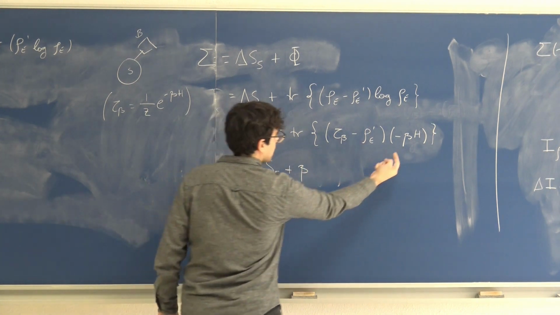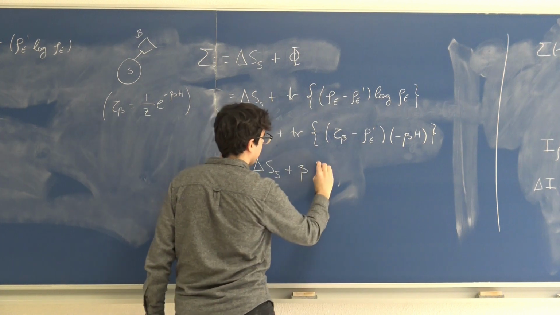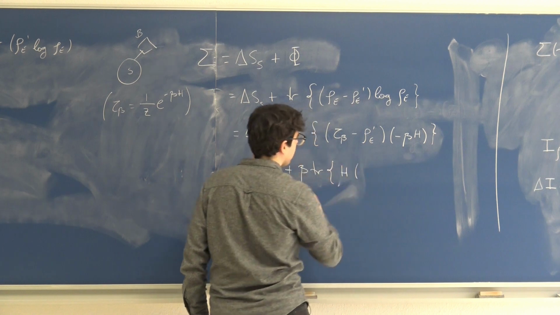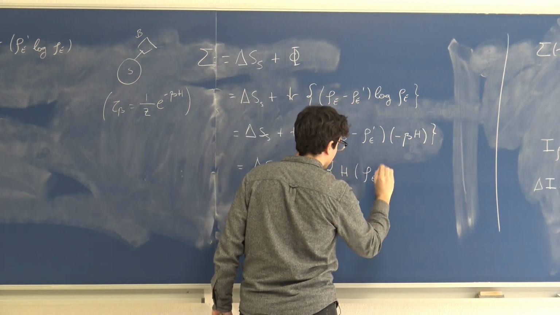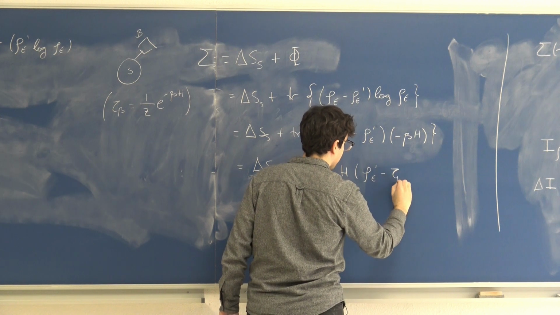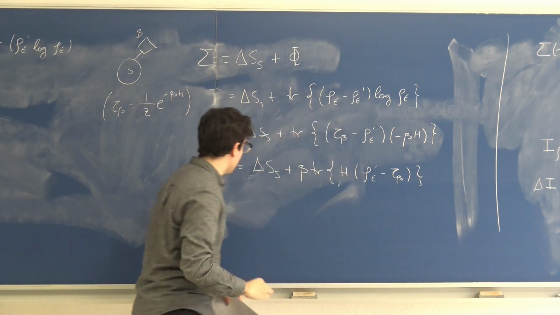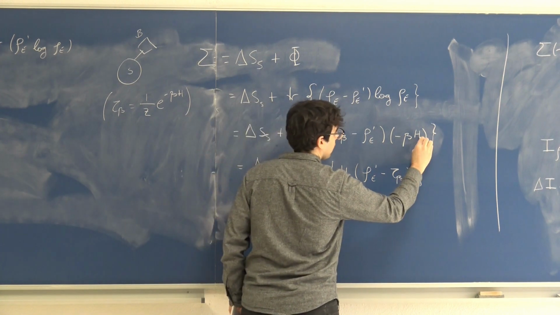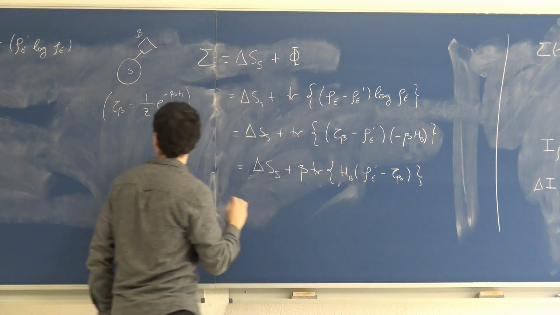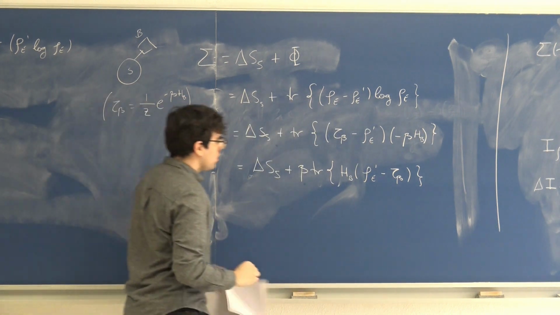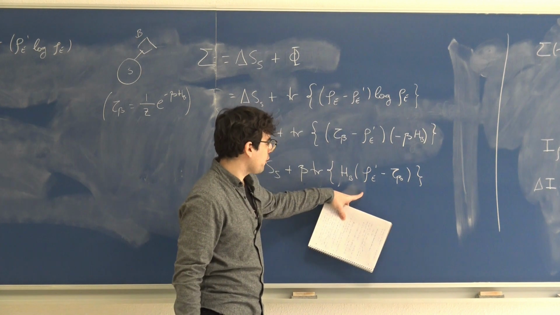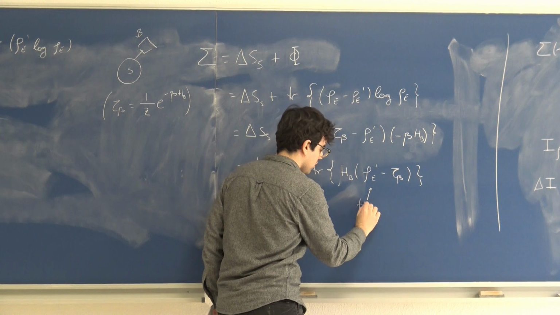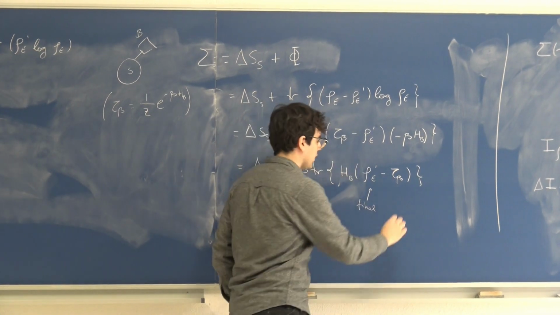I'm going to take out this beta here and change the sign, and you simply get the trace of the Hamiltonian of your bath and the change of the state of your bath. This is the final state it's going to, and this is the initial state.